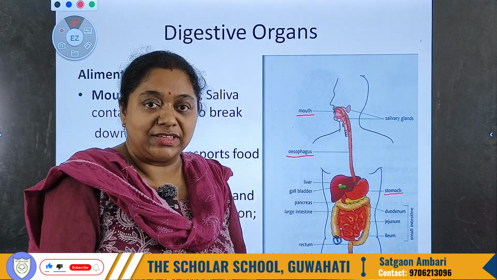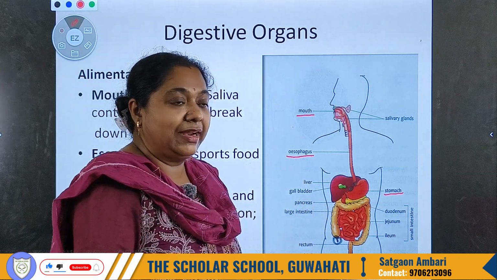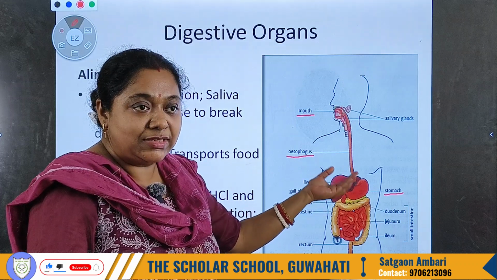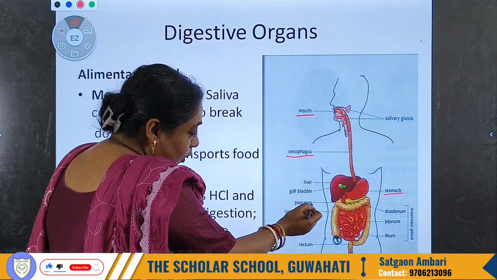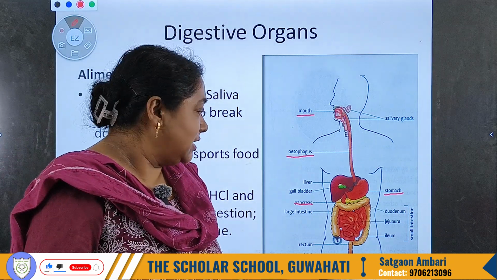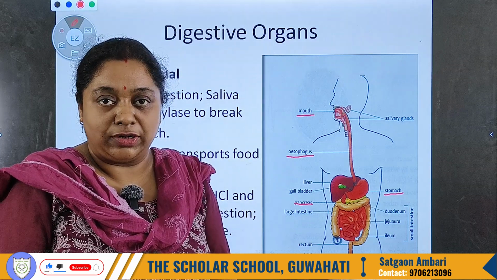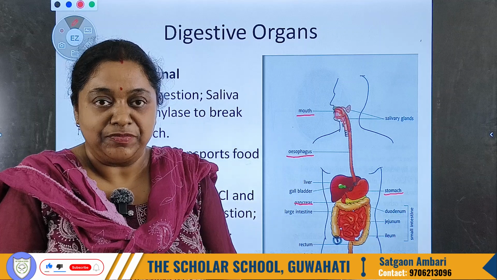The hydrochloric acid is produced by the cells of the stomach, that is the gastric glands. The pepsin is an enzyme which is released by an organ called the pancreas. The pancreas is a structure which acts as both an endocrine as well as an exocrine gland.